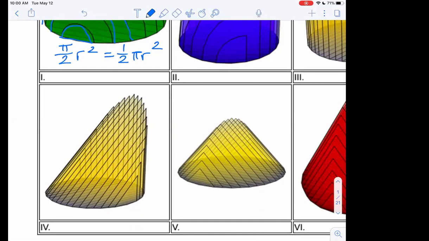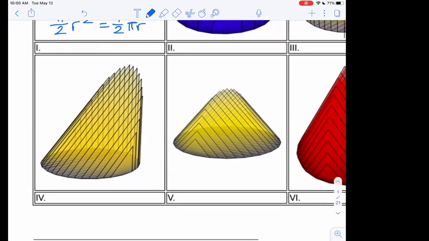I want us to know how to tell the difference between those two shapes. So what ideas do we have about how we can distinguish 4 from 5?